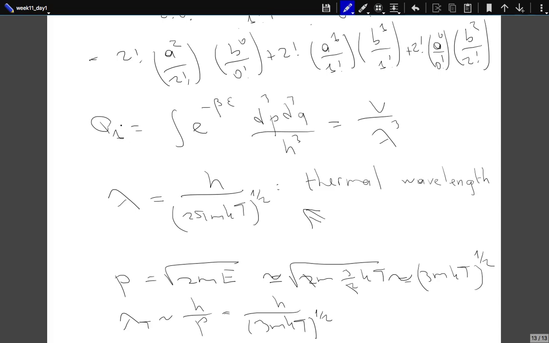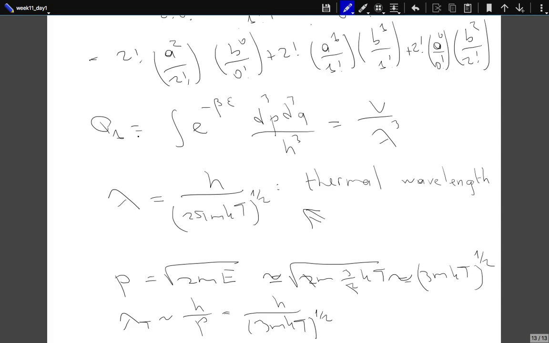So if you look over here, Q1 in this sense is just the number of these units that you have in your system. Each particle has a size given by the de Broglie wavelength, so it has a volume given typically by the cube of the de Broglie wavelength. So V over lambda cubed is essentially how many of these you can fit in your volume V. This is your Q, the single particle partition function.